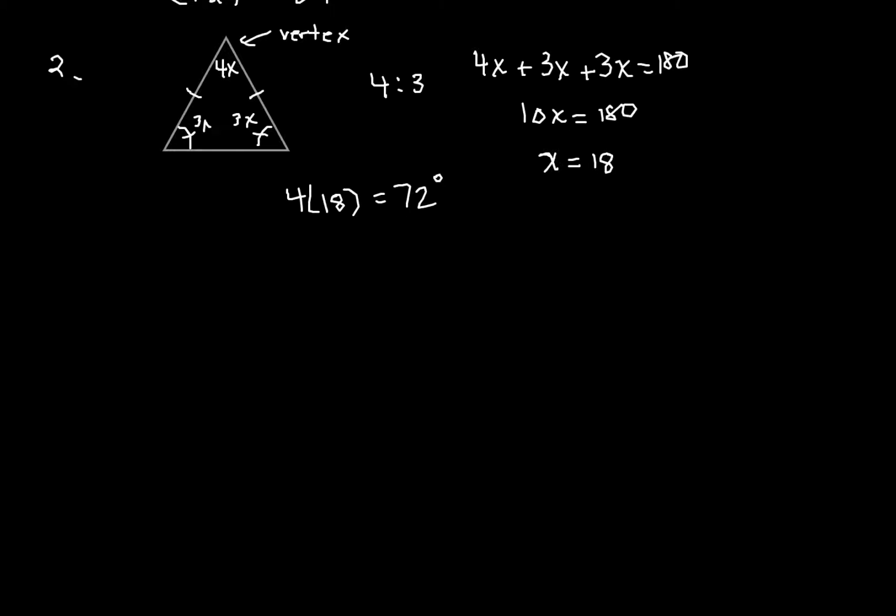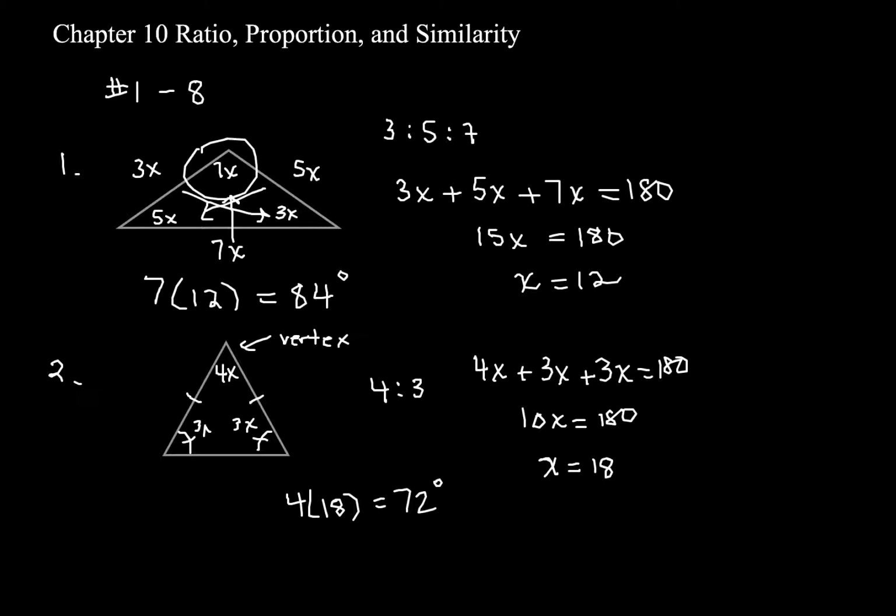Next, I'll just keep scrolling. Each time it goes back up, unfortunately. All right, number 3. This time we have ourselves a parallelogram. My little computer thing doesn't do parallelograms, so I have to do my own. This one says the measures of consecutive pairs of angles of a parallelogram have the ratio of 5 to 7. Consecutive means here and here, or any two consecutive ones.